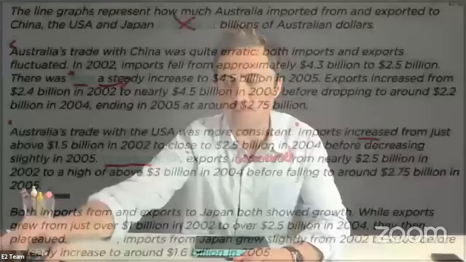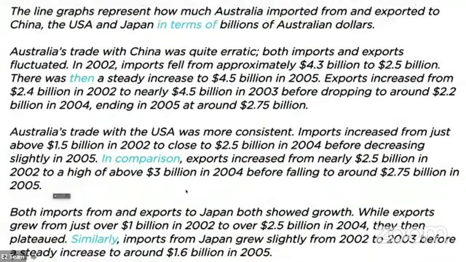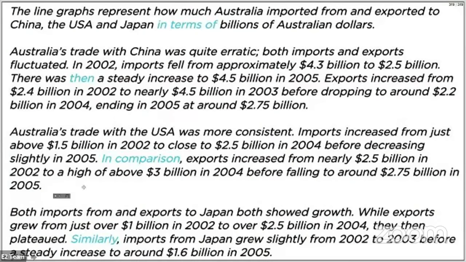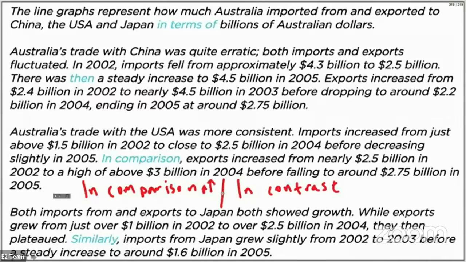Let me explain why I did do that, and it's probably still right. So we have two of these which can be used. Here I'm just comparing. That's okay. I can say increased and increased. The one that you need to be careful of is this one, in contrast, because with in comparison, I can say that this one increased, and in comparison, this one increased even more.